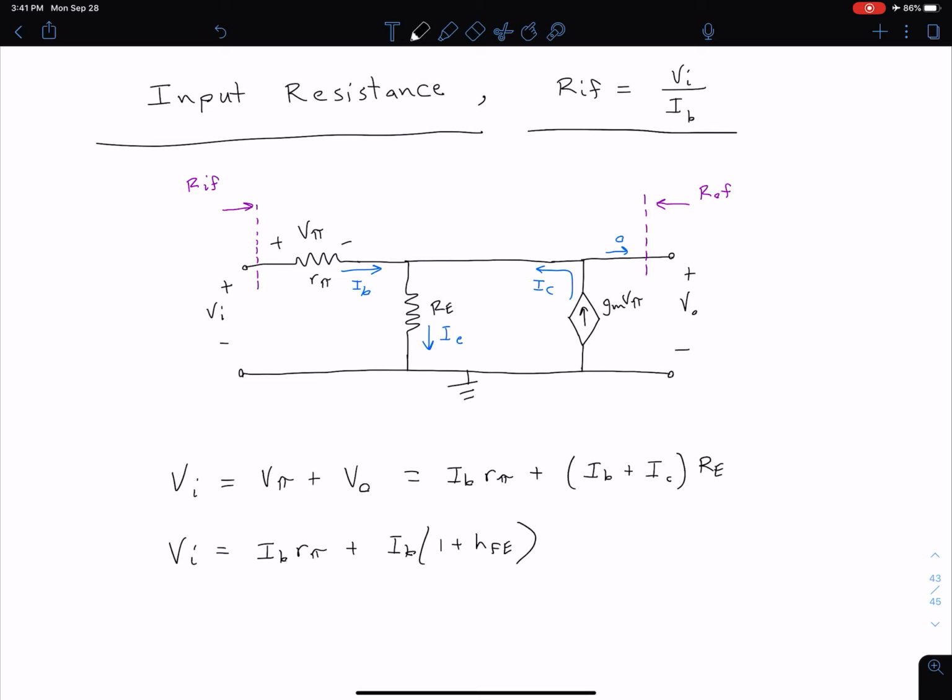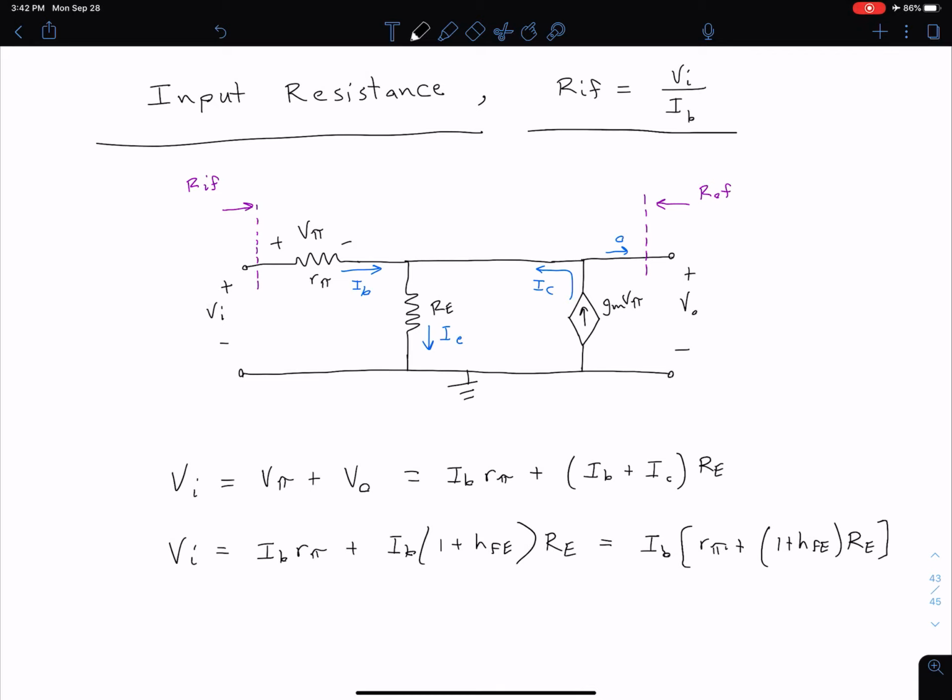So right here, whatever in that second term is still just IB plus IC, and we still want to be multiplying that by our emitter resistor R sub E. So of course now we can factor out the base current from both terms. So we have I sub B times R pi plus the quantity of 1 plus HFE, so remember that is our current gain of the transistor, times our emitter resistor R sub E.